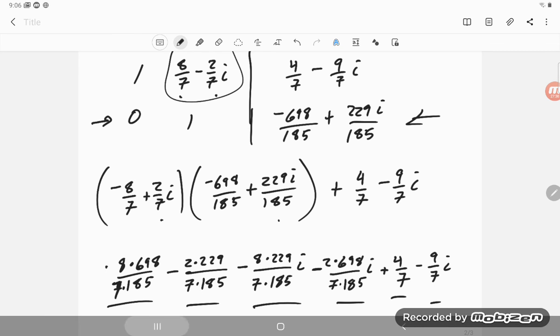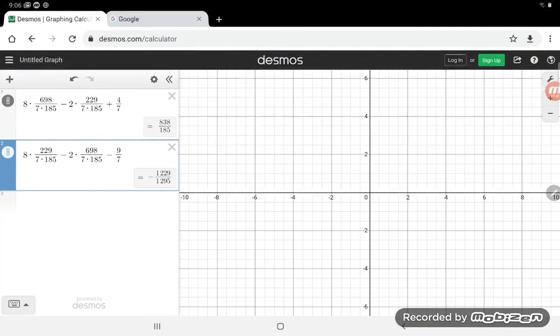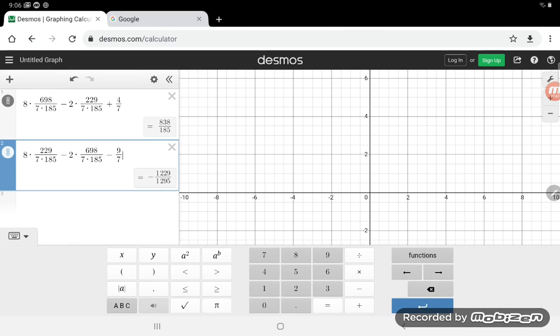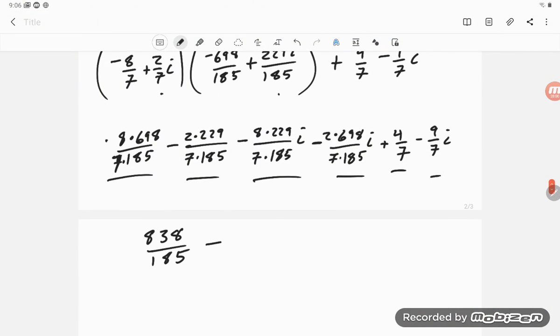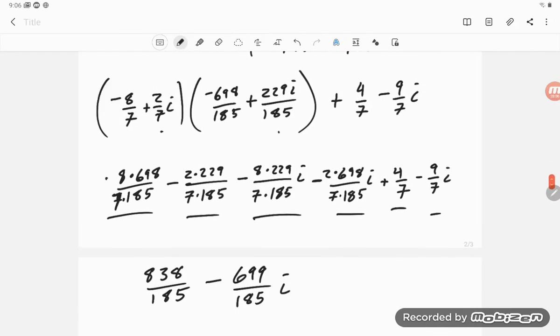All right, that's a minus 8 times 229. So I'll put that minus in here. And there's my minus 699 over 185. Sorry about that, but that's the kind of thing that happens. So minus 699 over 185i.